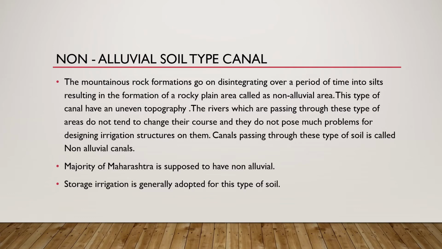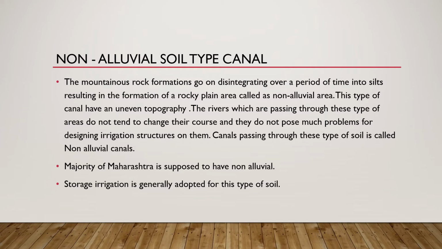This type of area is called a non-alluvial area, and it has an uneven topography, which means there will be no even plain surface or slope available. Continuous undulations and uneven portions will be seen throughout this area, and the canal constructed here is said to be a non-alluvial type of canal.